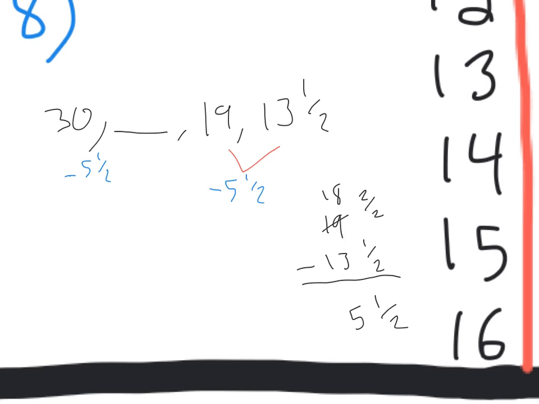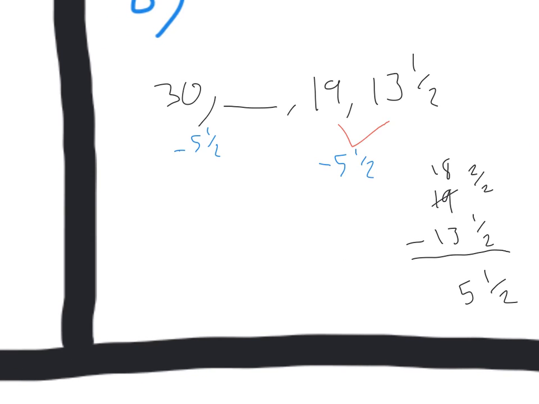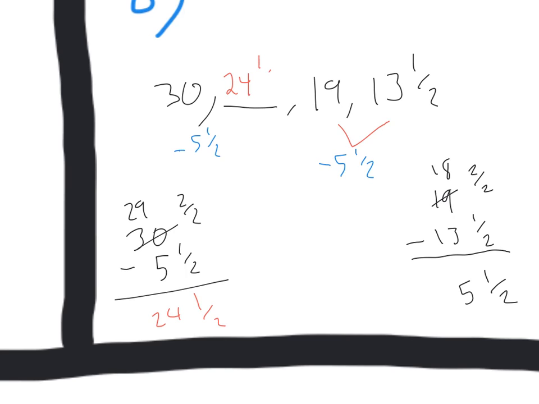So let me do 30 minus 5 and a half. Borrow from 30, make it 29, and 2 over 2. 2 over 2 minus 1 half gets you 1 half, and 29 minus 5 is 24. So that missing term right here is 24 and 1 half.